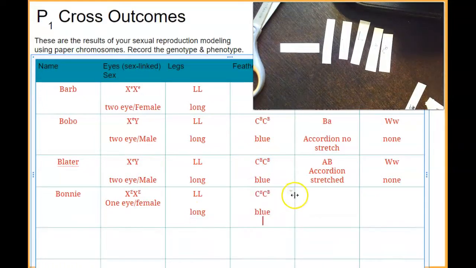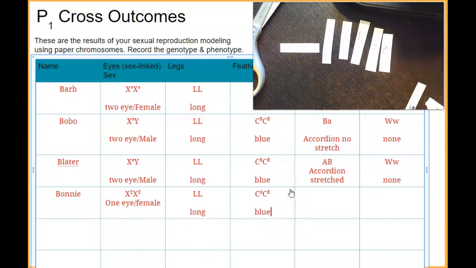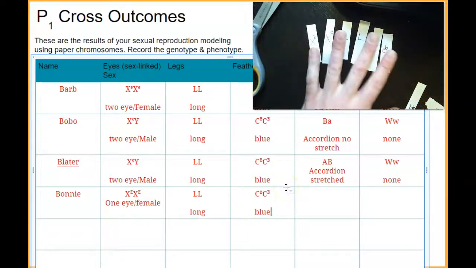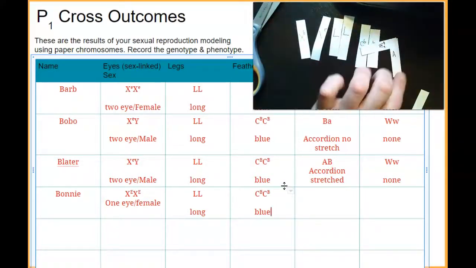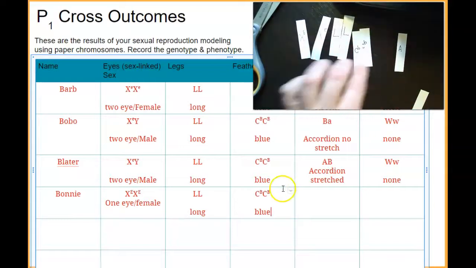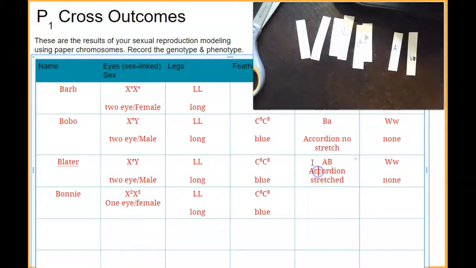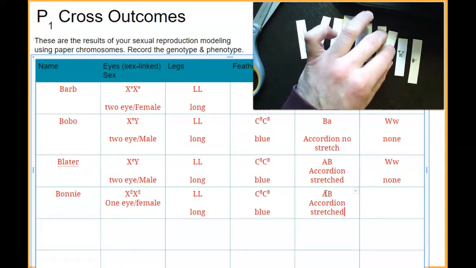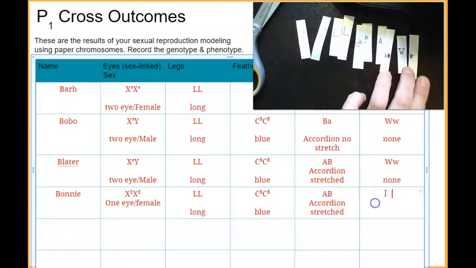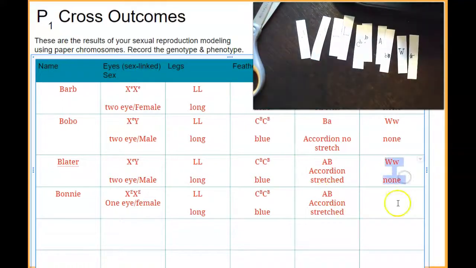See, I'm just copying and pasting to make that easy for me. And then for arms, she has a capital A and a lowercase a, so she's just like her one brother that has accordion stretched. And then capital W, lowercase w, the dominant meaning no wings. And it's just like the rest of her siblings.